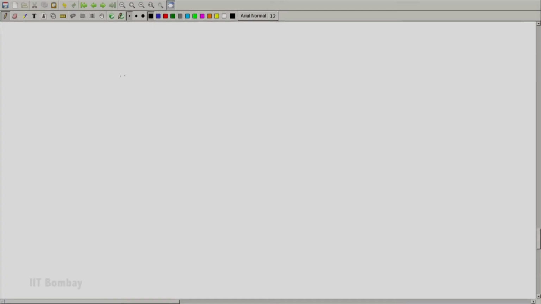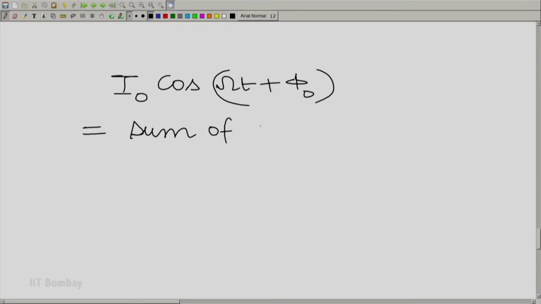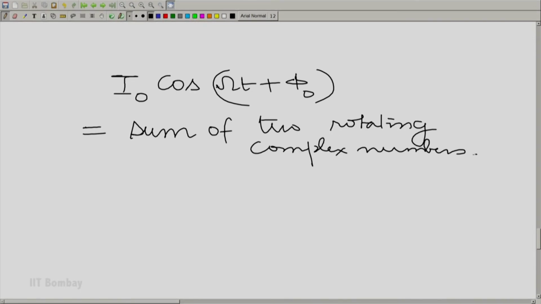On the other hand, let us adopt a slightly different paradigm or view of a sinusoid. So, let us go back to the original sinusoid that we had. The current sinusoid was I0 cos(omega t plus phi 0), and we could think of this as a combination of two rotating complex numbers.